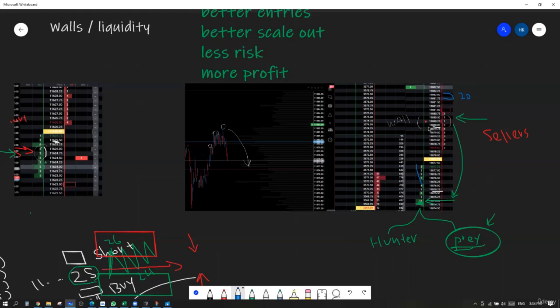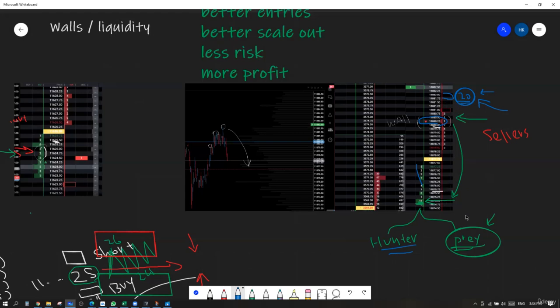So if you enter a trade short and you have a liquidity above, you have to pay attention to it because probably this guy is a hunter. No buyers are able to push the price up and take this liquidity. That means this limit order is now a seller's hand showing in the market, and we tend to use this liquidity to protect our stop losses.